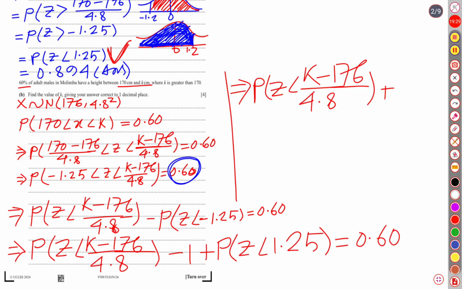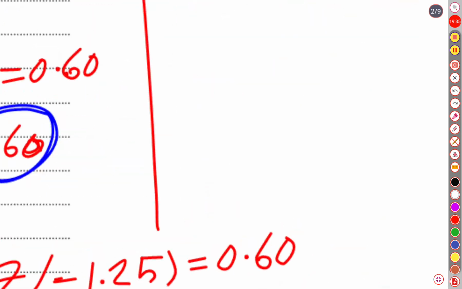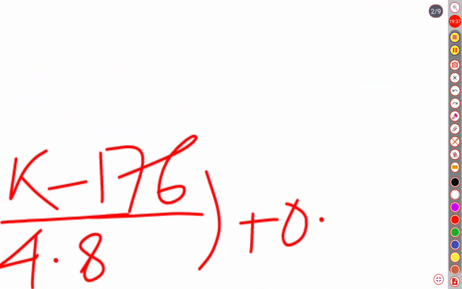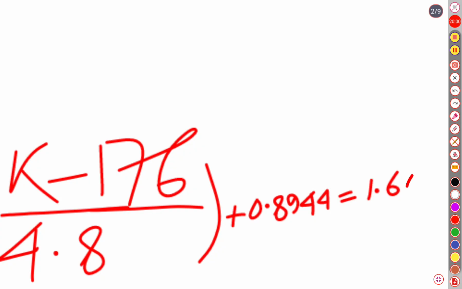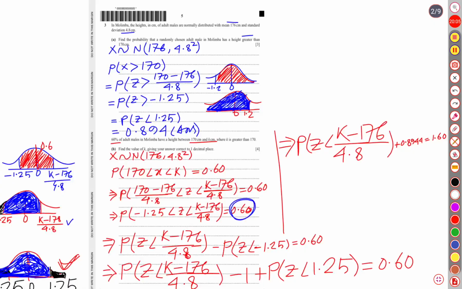So let us write 0.8944 plus 0.8944 is equal to, if we add up 1 to 0.6, it is going to be 1.60. Well, let us zoom in.